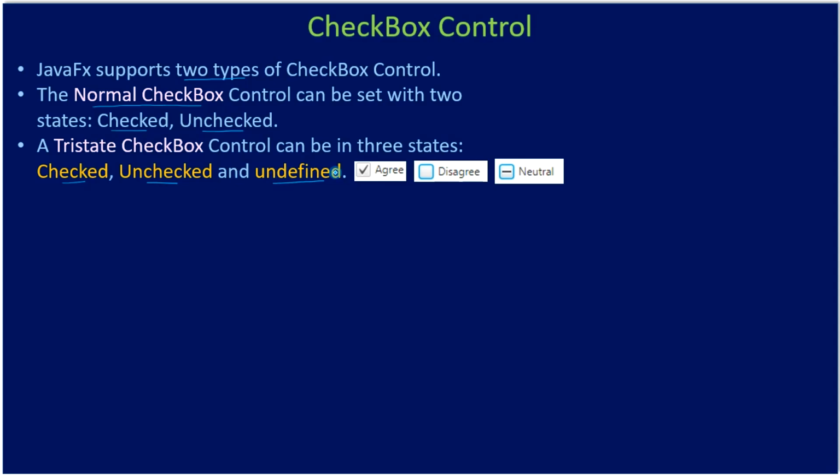Here if you see, this is the checked state, the first one. Checked state, unchecked, and the undefined state will be specified as a hyphen. There may be many examples you can find that go with the three-state checkbox.